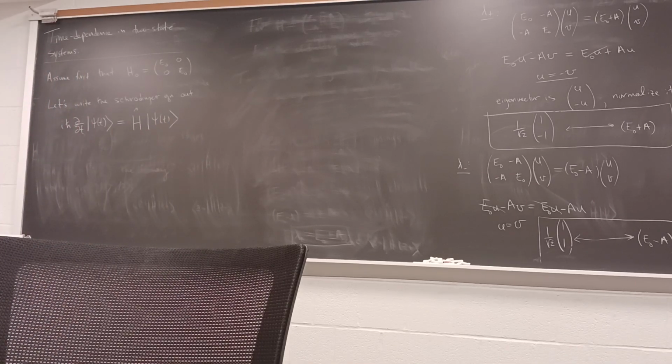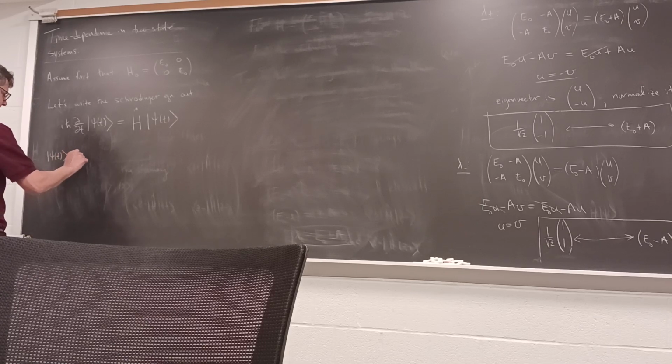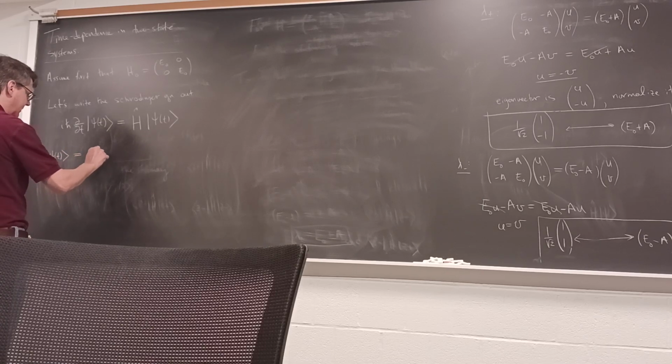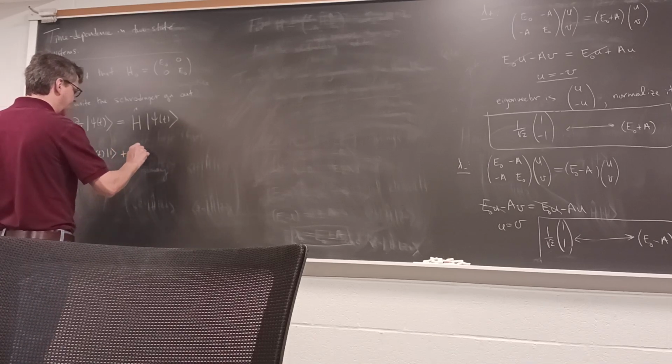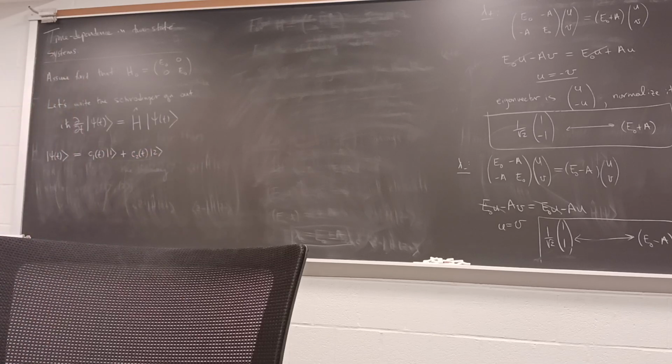Okay? Now, if we have a two-state system, psi of t will be some constant C1 of t times state 1 plus C2 of t times state 2. I can write the Schrödinger equation that way. And so if I take the time derivative here, what do I have?